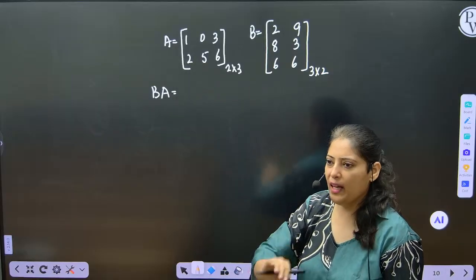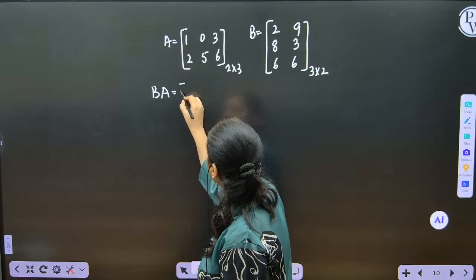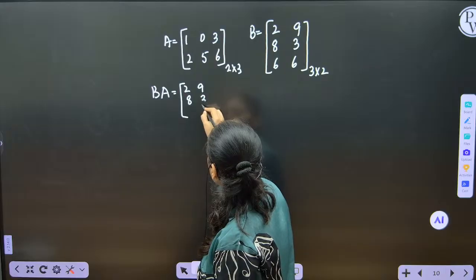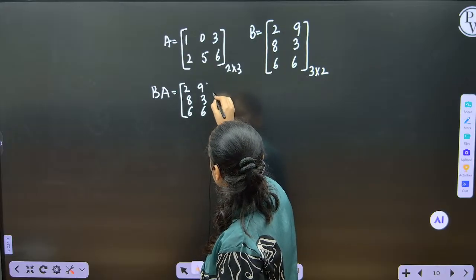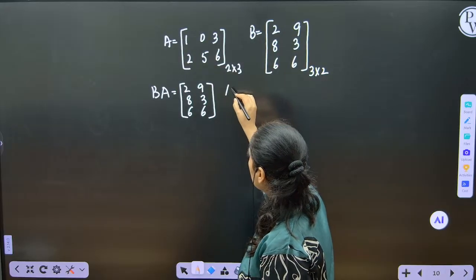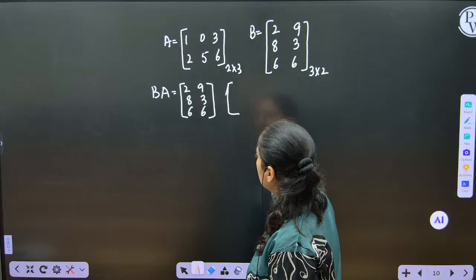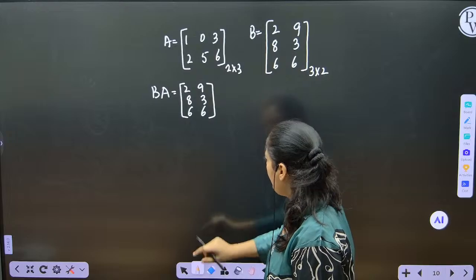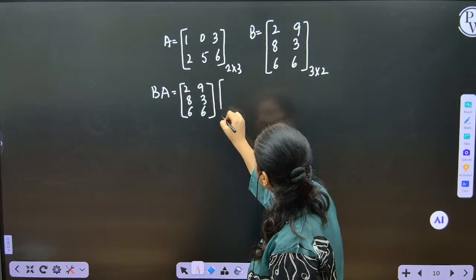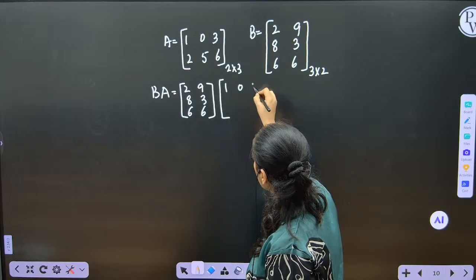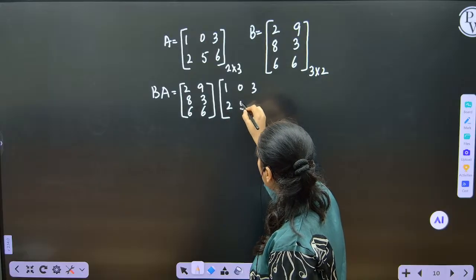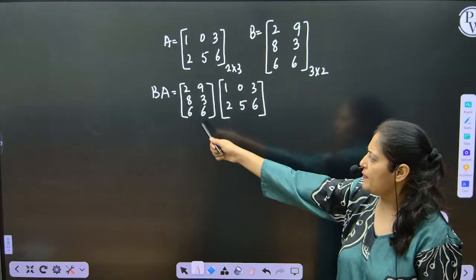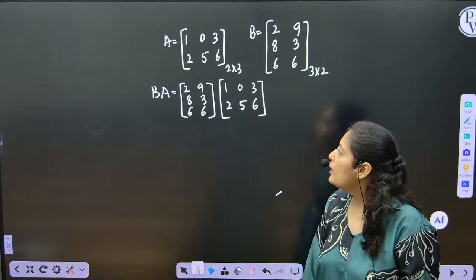First we'll keep the elements of B: 2 9, 8 3, 6 6. Then we'll keep the A matrix: 1 0 3, 2 5 6. First we have written B, then we have written A.